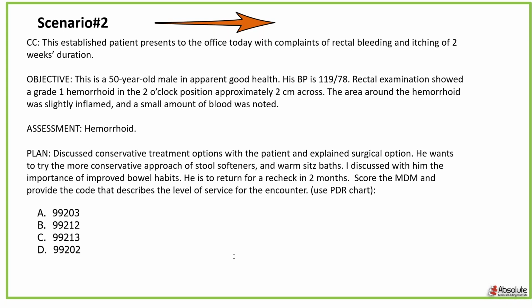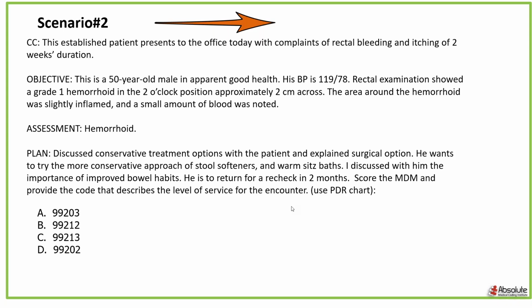Objective: this is a 50-year-old male in apparent good health. His blood pressure is 119 over 78. Rectal examination showed a grade 1 hemorrhoid in the 2 o'clock position, approximately 2 centimeters across. The area around the hemorrhoid was slightly inflamed, and a small amount of blood was noted.